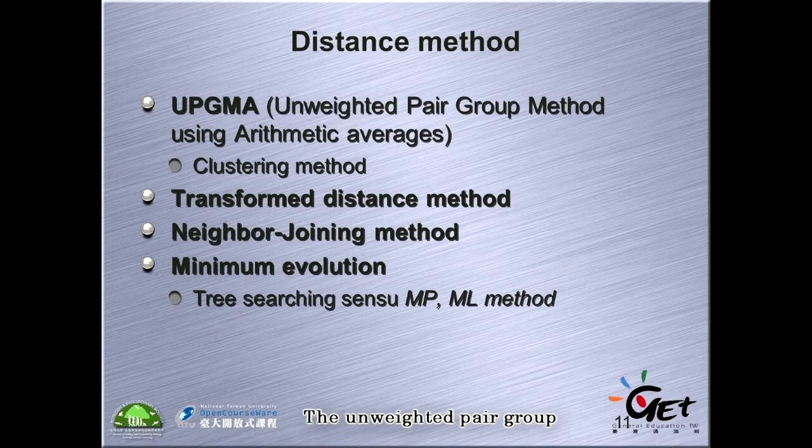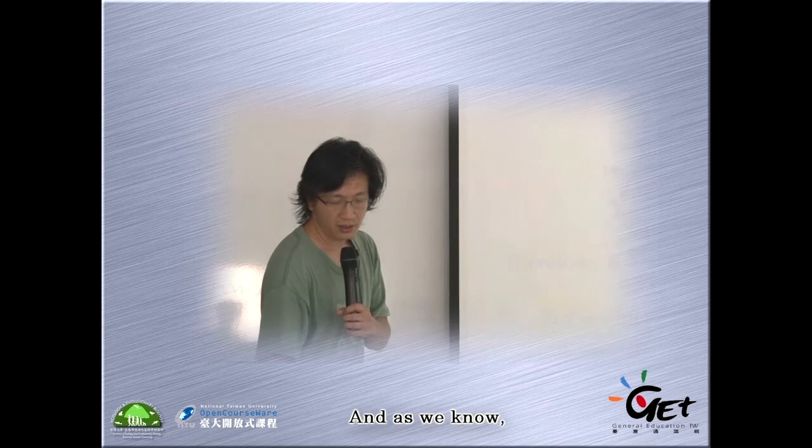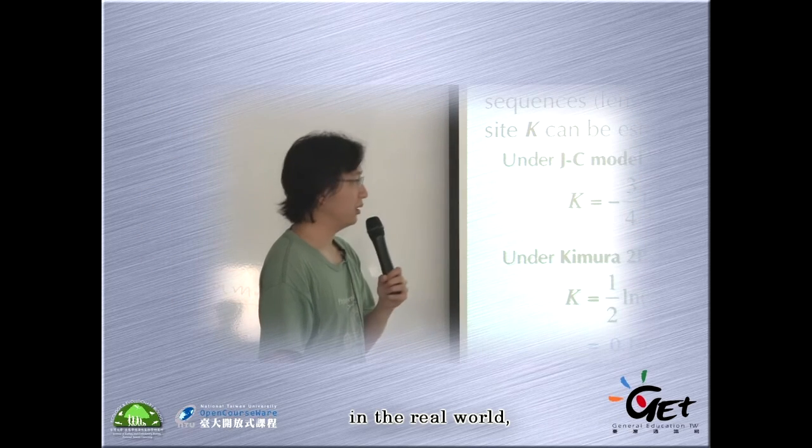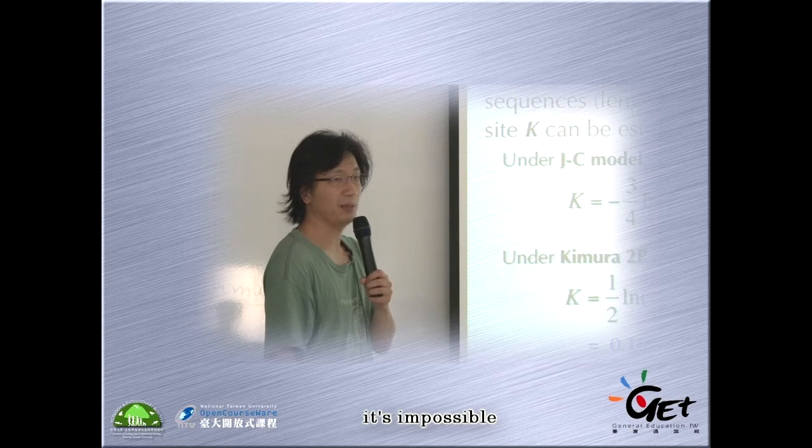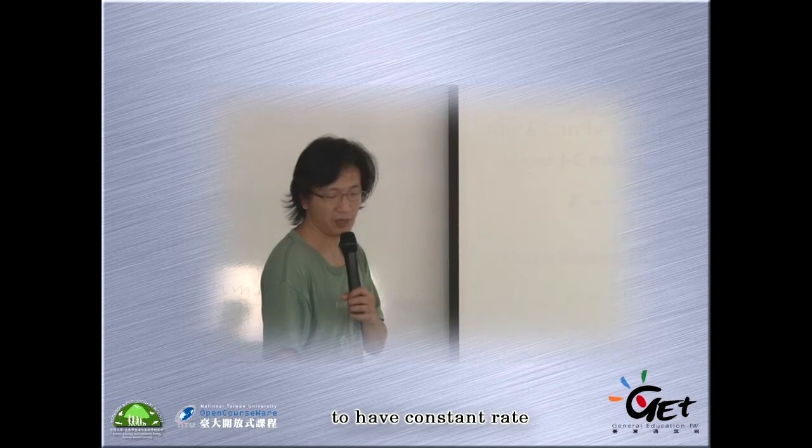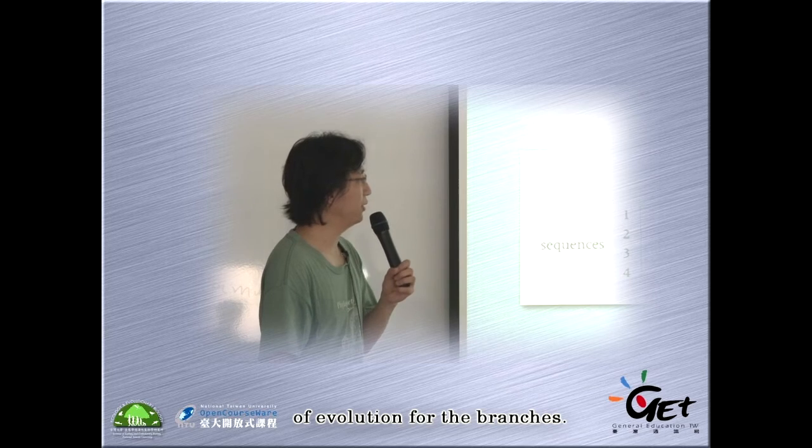The unweighted pair group method using arithmetic averages, which gives you the same number for the rate of evolution on the branches. And as we know, in the real world, it's impossible to have a constant rate of evolution for the branches.